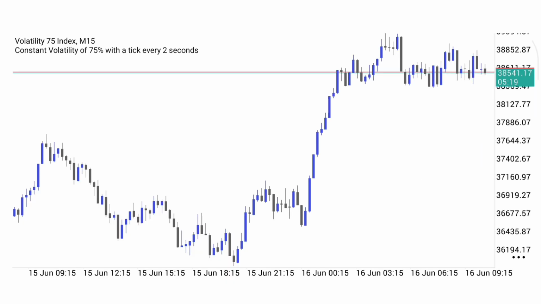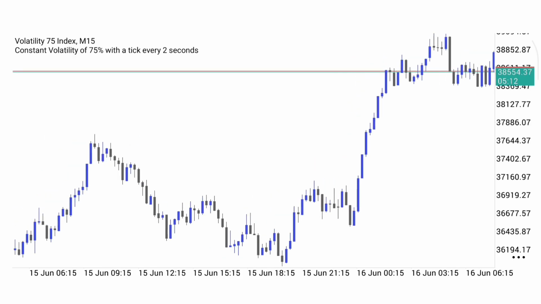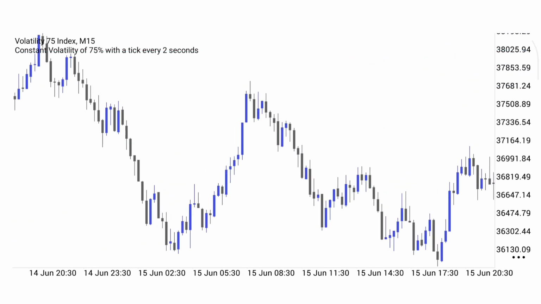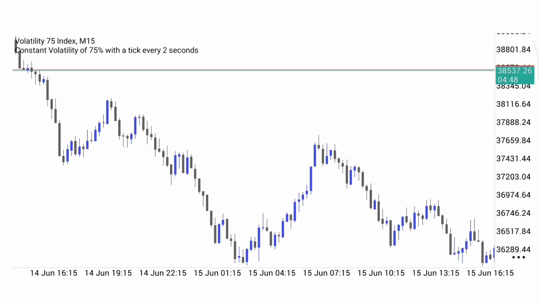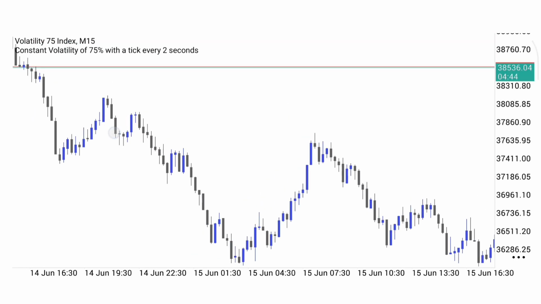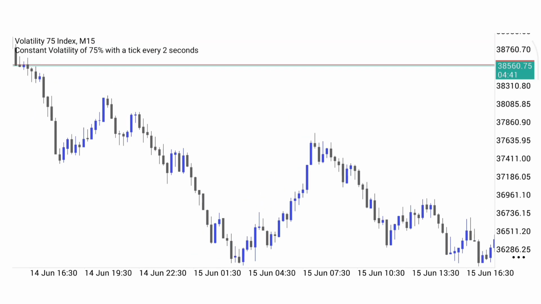Alright, so for those of you who have been trading Deriv for a very long time, you know that Volatility 75 is one of the oldest trading indices on Deriv. This is what a lot of traders have used to make money in the market a lot. Volatility 75 is like the gold of synthetic indices.